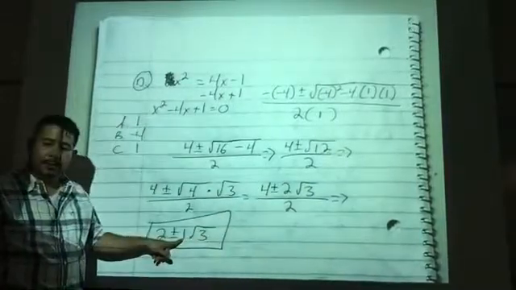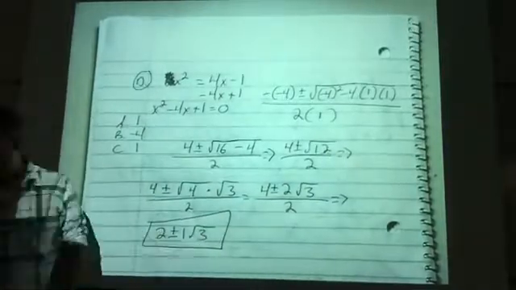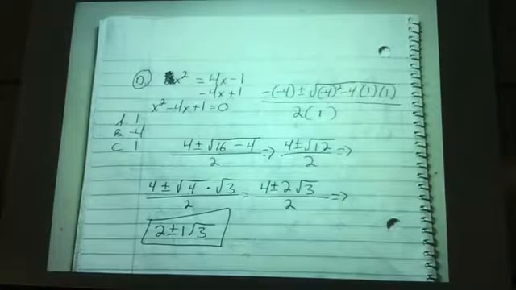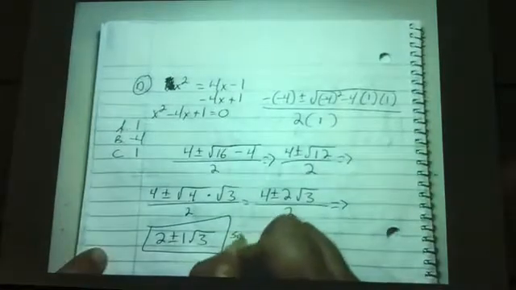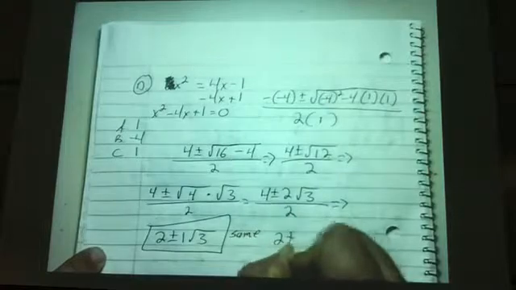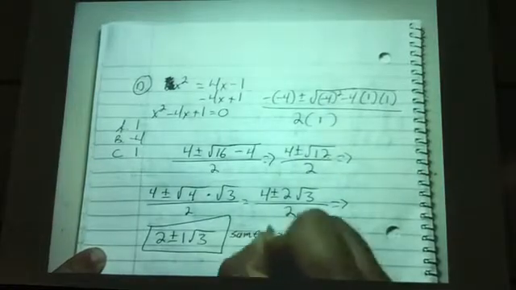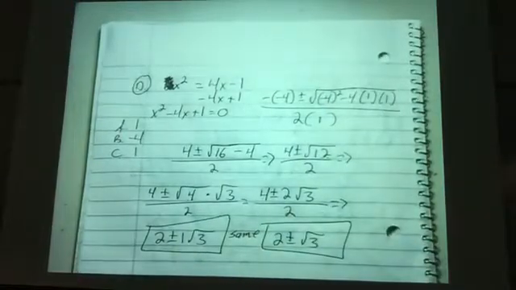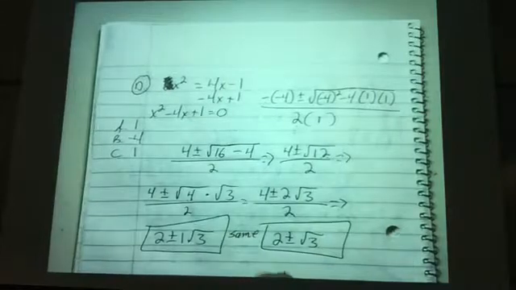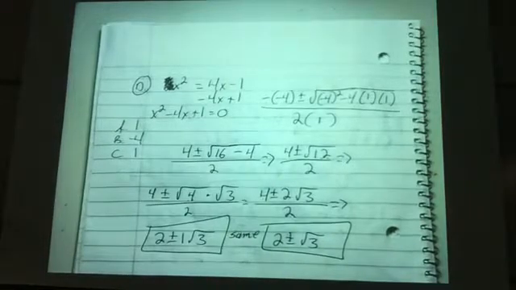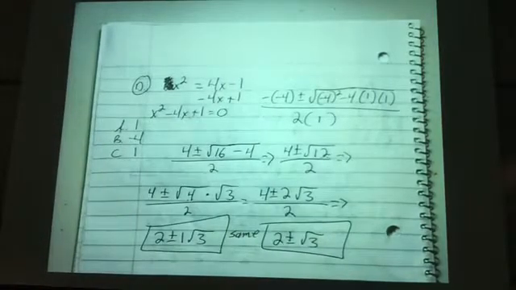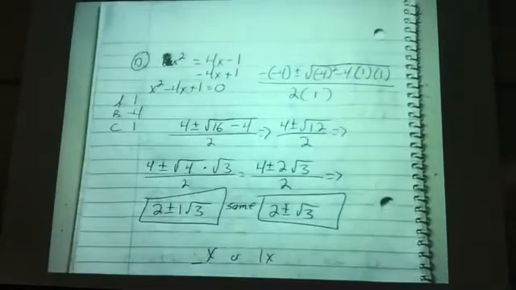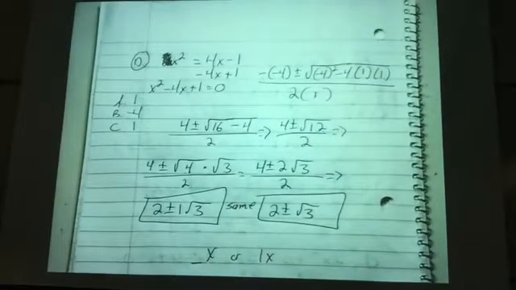This answer is the same as 2 plus or minus the square root of 3. It's kind of like when you have x or 1x, you know there's a 1 in the front. Any questions?